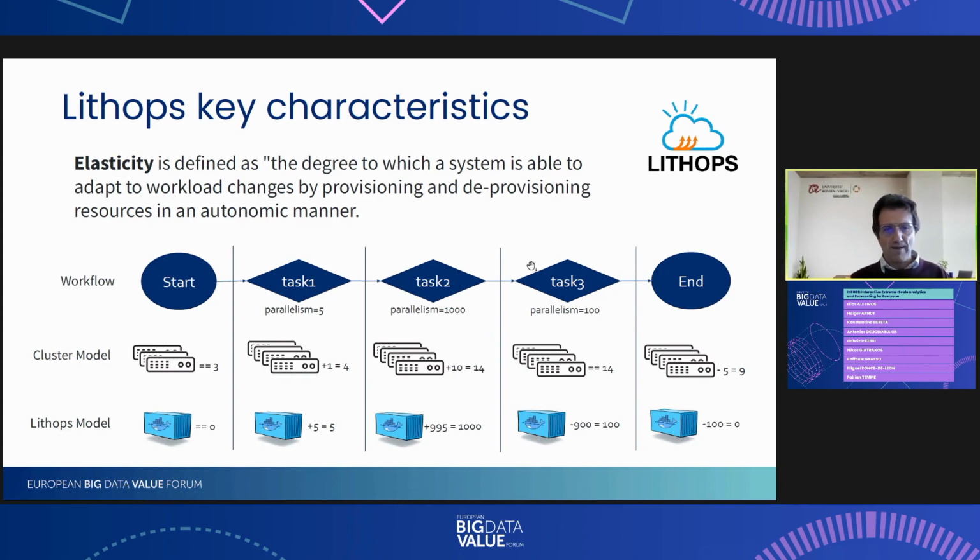This kind of pipeline is very difficult to solve with cluster computing technologies, because if you provision the cluster for 1,000, the biggest one, you are over-provisioning, and in all the other stages you are wasting resources. With Lithops, you will create 5, then 1,000, then 100 dynamically. And this is very good when your workload is elastic, or even when you don't know the resources that you will need.